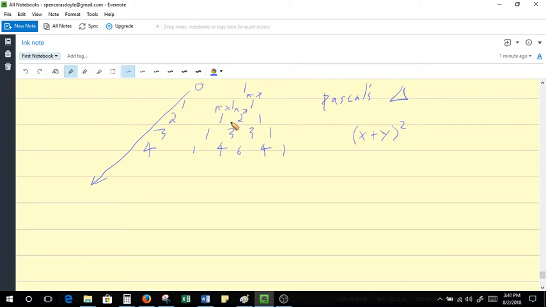So we're going to look at the second row. That's where our leading integer is going to come from. So our first integer is going to be 1. And then we're going to have x to the, remember that k is equal to 0, so we're going to have n minus k, right?